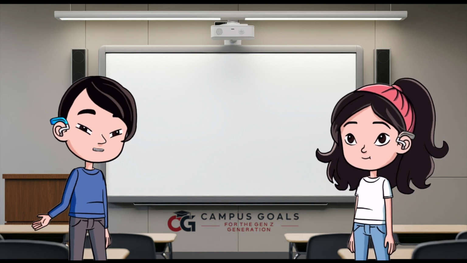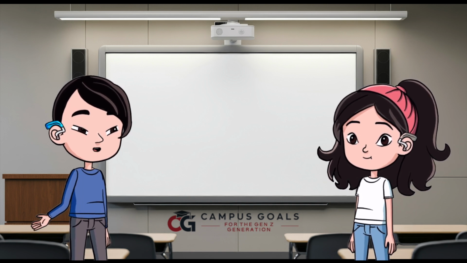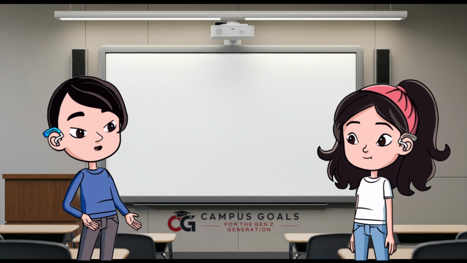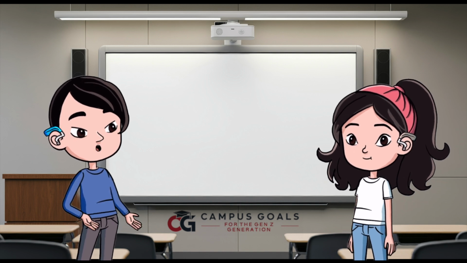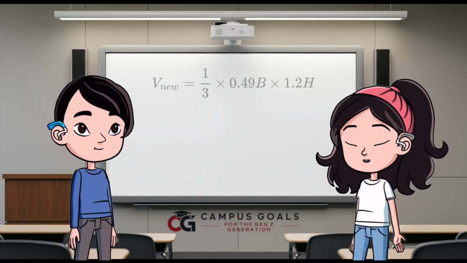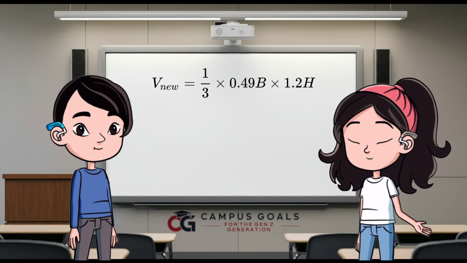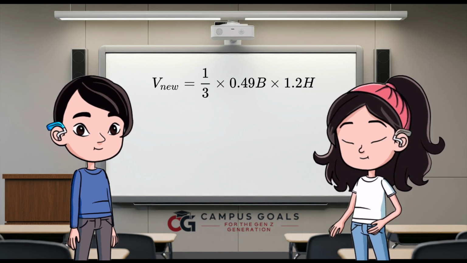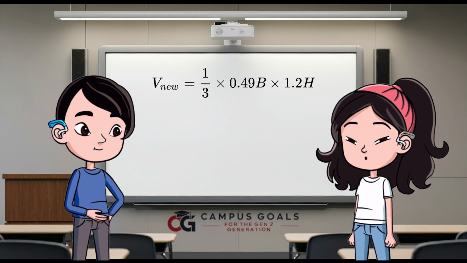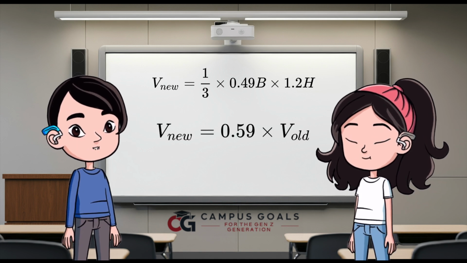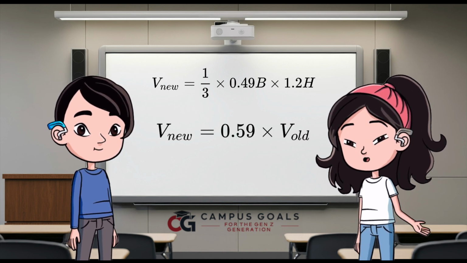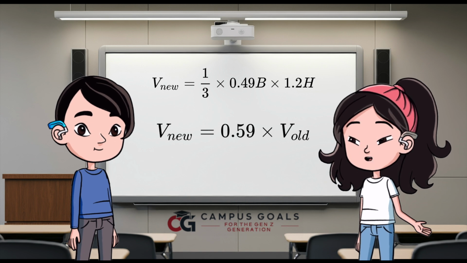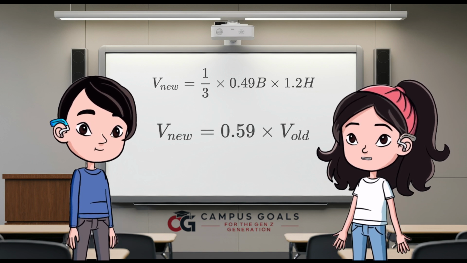Since the base area is side squared, the new base area is 0.7 squared times the original B, which is 0.49 times B. So the new volume is 1/3 times 0.49 B times 1.2 H. Crunching the numbers, the volume decreases by about 41%. Small changes can make a big difference.